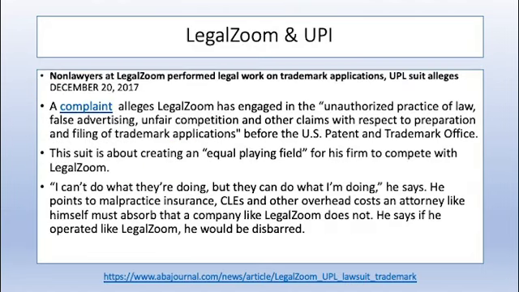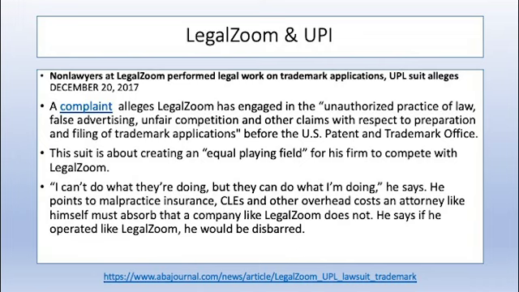So there's been a complaint alleging that Legalzoom is engaged in the unauthorized practice of law, false advertising, unfair competition, and other claims with respect to preparation and filing of trademark applications for the U.S. Trademark Office. And this suit is about creating an equal playing field for his firm to compete with Legalzoom.